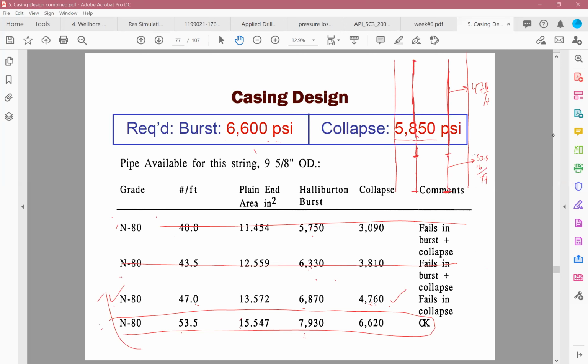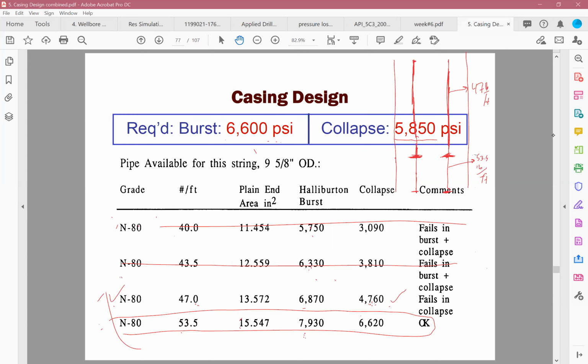Now, the question is, what is this depth? What is the depth down to which I can have the 47 pound per foot casing, with the rest being 53.5? That's the main question we're trying to answer here.